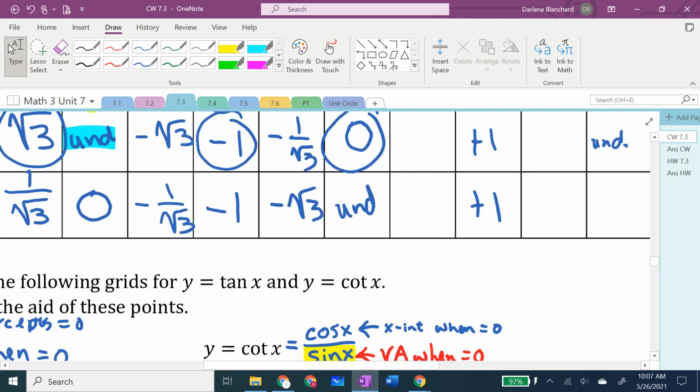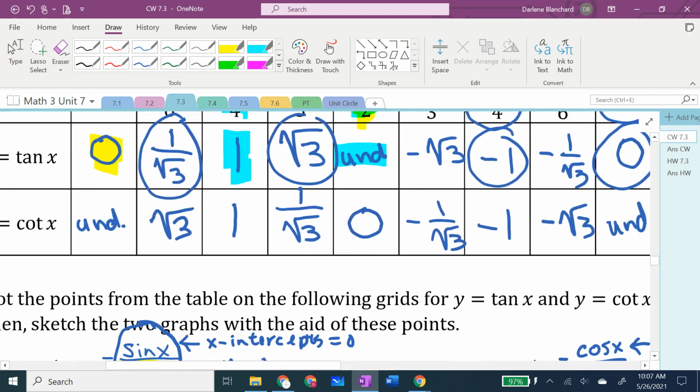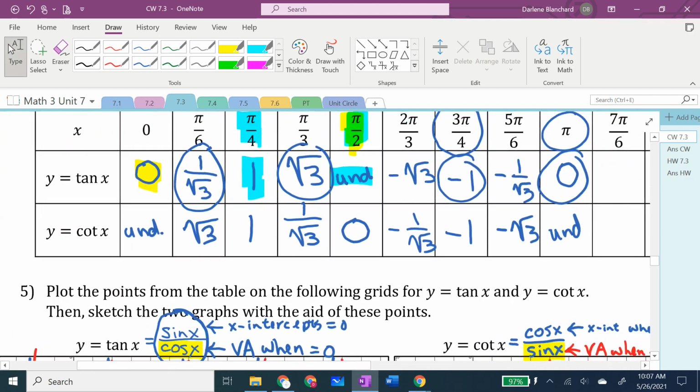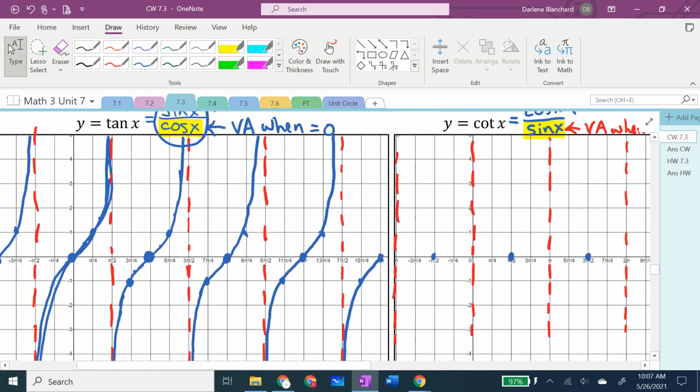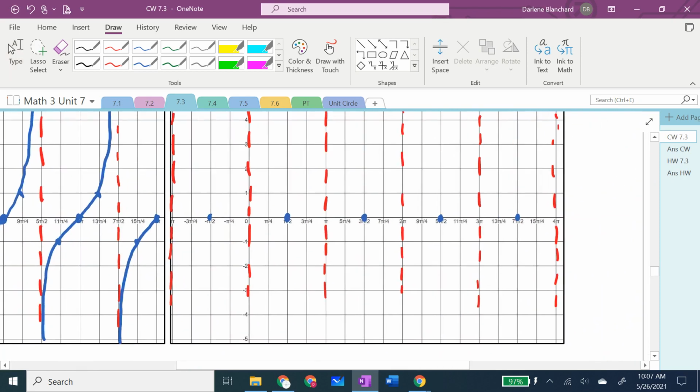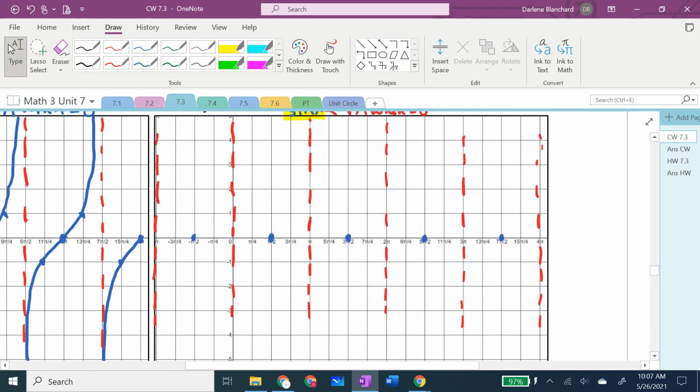If I go through and plot these cotangent points that I have down here, I'm going to approximately plot the ones that are not on this grid, and actually that should be higher.